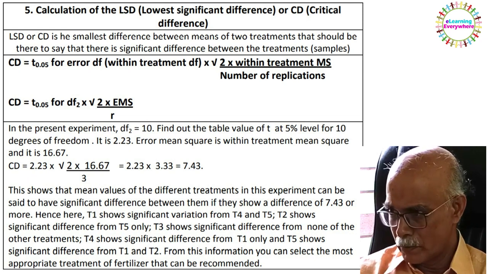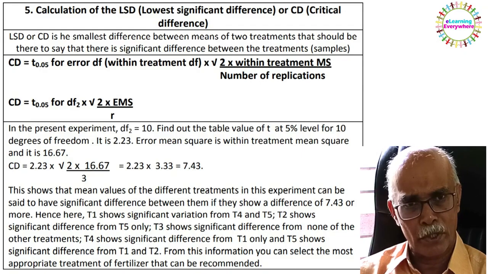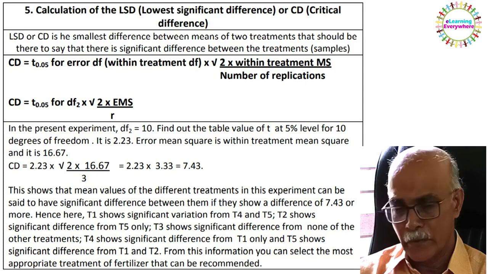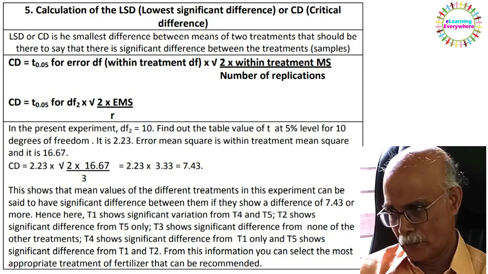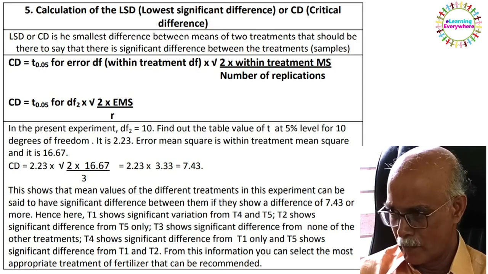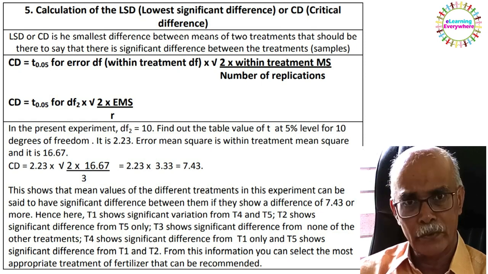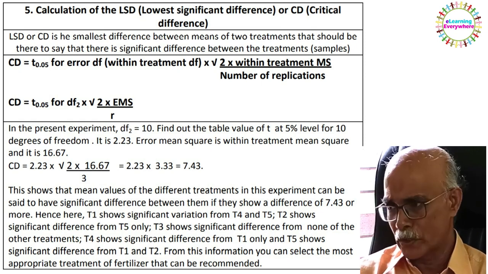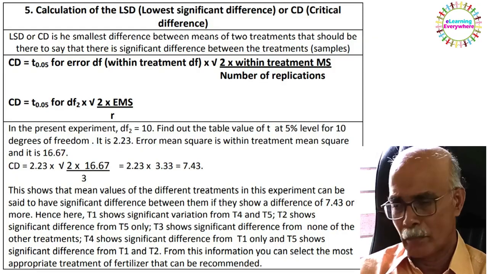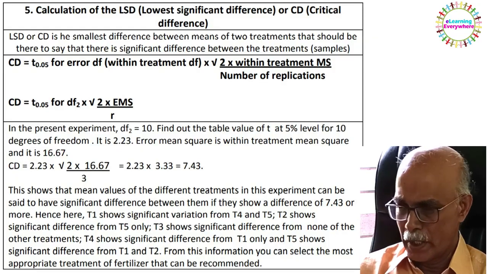CD is equal to t 0.05 for df2, the error degree of freedom, into square root of 2 into EMS, error mean square, divided by R, number of replications.